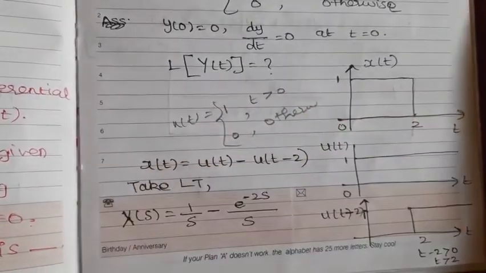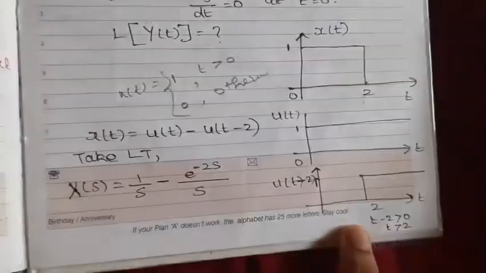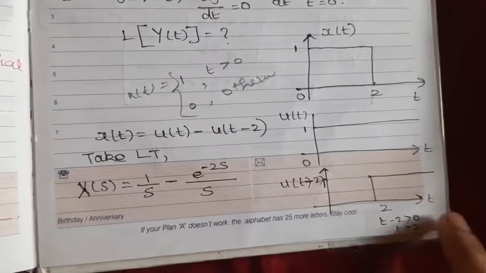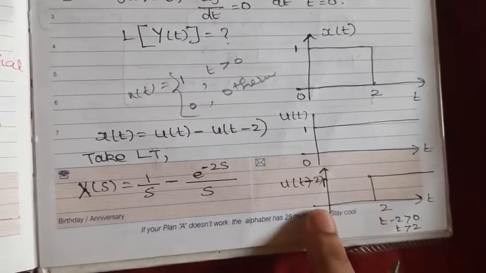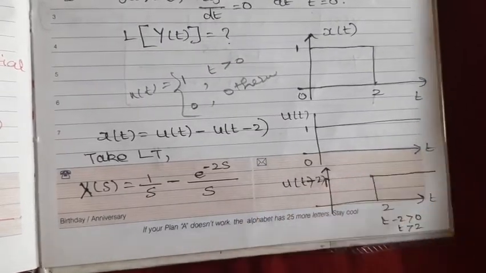So this is u of t. Then u of t minus 2 is 1 for t greater than 2, 0 otherwise. So there is some delay; at t equal to 2 it will start and go up to infinity.